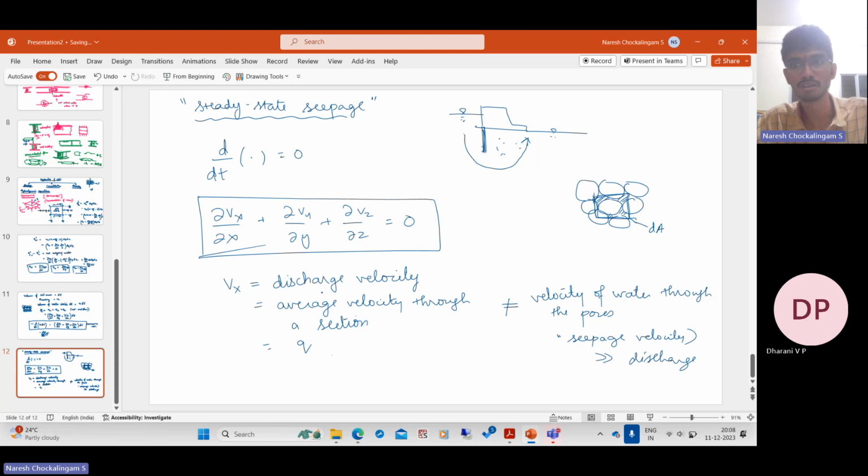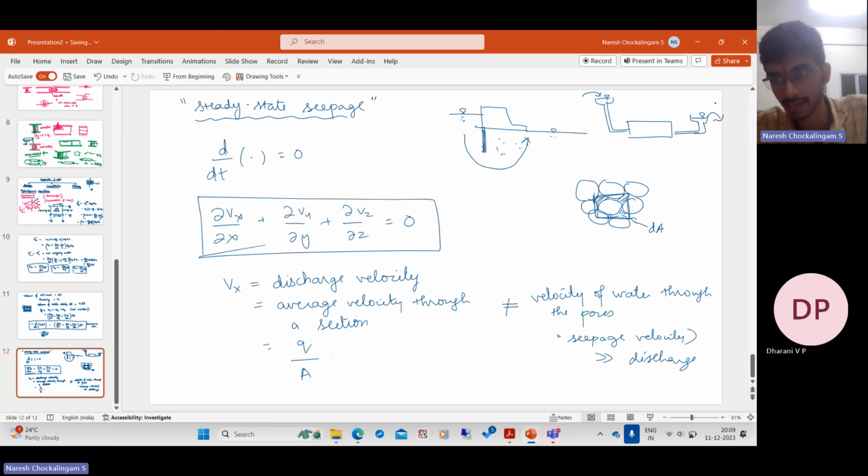That is, you collect so much water in so much time. That measures how much water collected in some time. That is the flow rate divided by the total area, the gross area. So this is the discharge velocity, and it is related to the following. If you have a sample of soil, on this side you can provide some head, and on this side you remove water, and you maintain a certain pressure head.